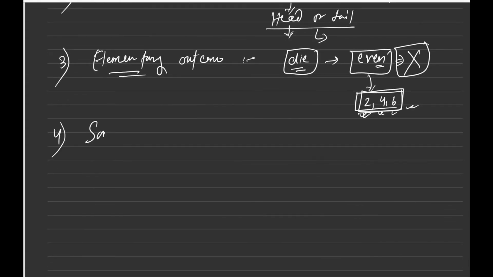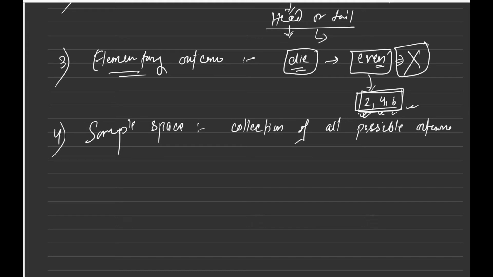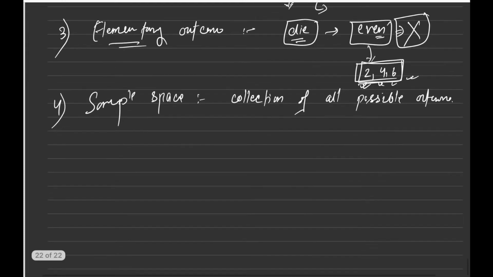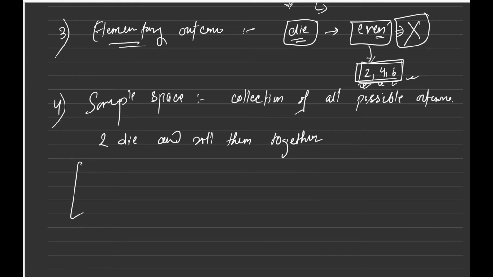Okay, fourth is your sample space. Sample space is nothing but your collection of all possible outcomes. Okay, so to visualize it, let's say you pick 2 dice and roll them together, right? If you roll them together, what will be the possible outcomes?